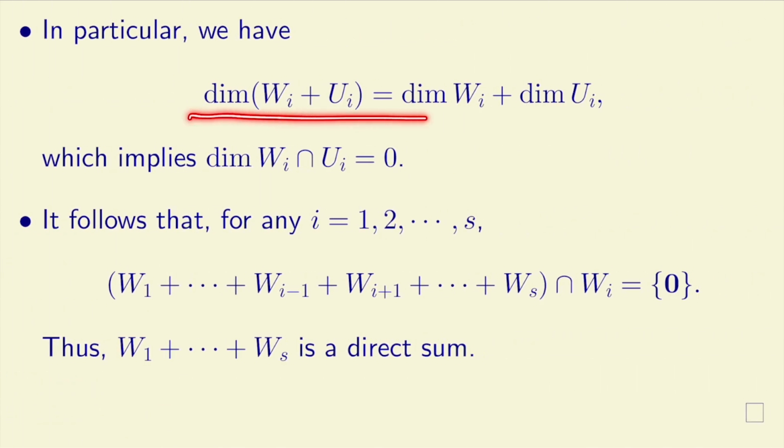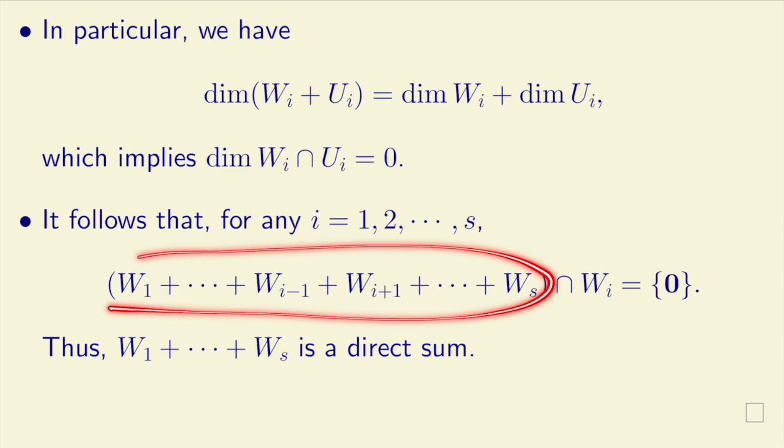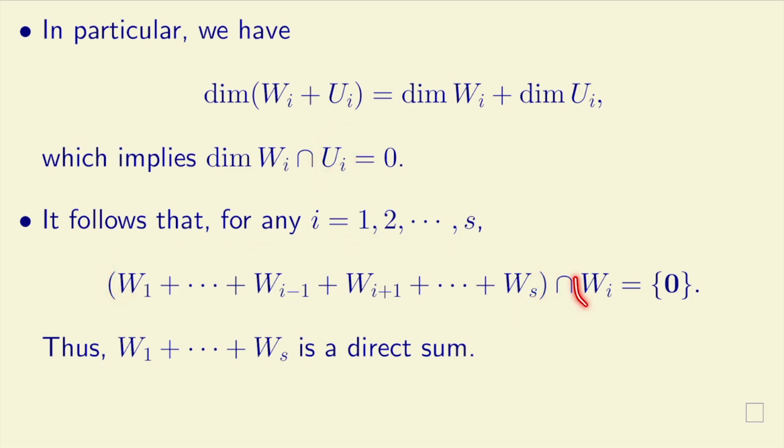So we have this equality, which implies that the dimension of the intersection between Wi and Ui is equal to 0. So Ui cap Wi contains only the zero vector. And this is a defining property of the direct sum. Thus, this sum, W1 plus W2 plus up to Ws, is a direct sum.